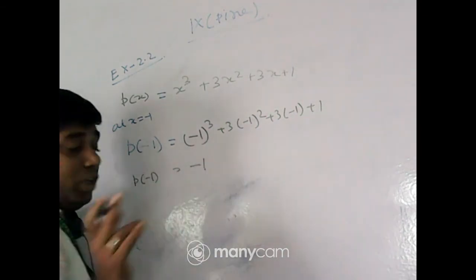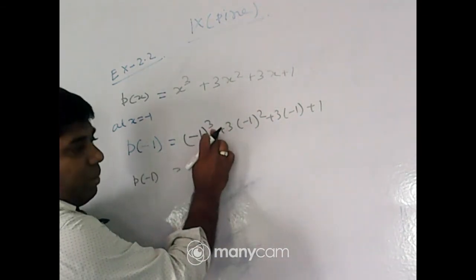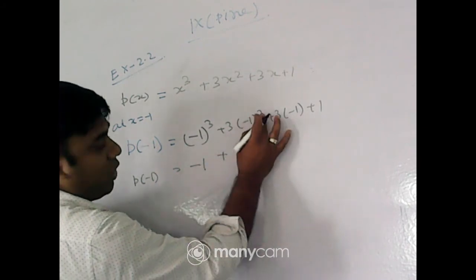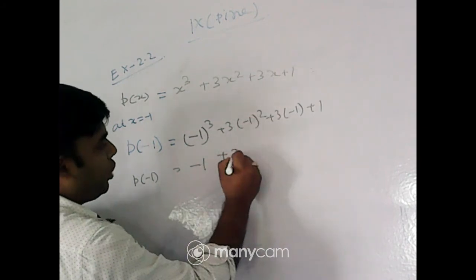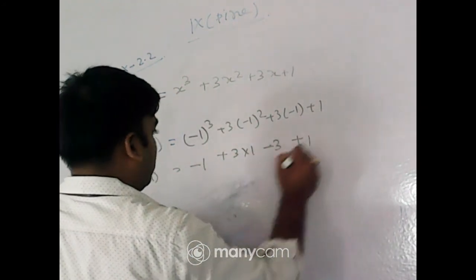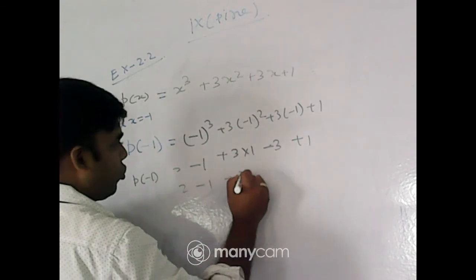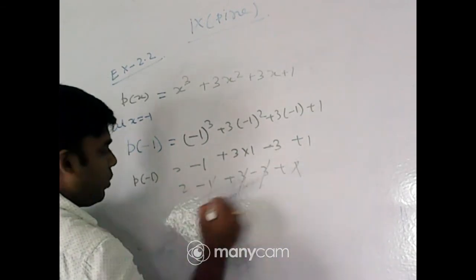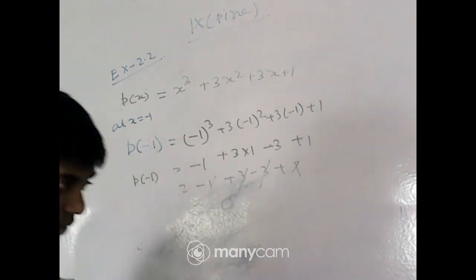I have told you that minus 1 whole to an odd power gives minus 1, plus 3 into minus 1 square, which is 3 into 1, minus 3 plus 1. So minus 1 plus 3 minus 3 plus 1, the 3s cancel, minus 1 plus 1, so 0, not 4, 0.